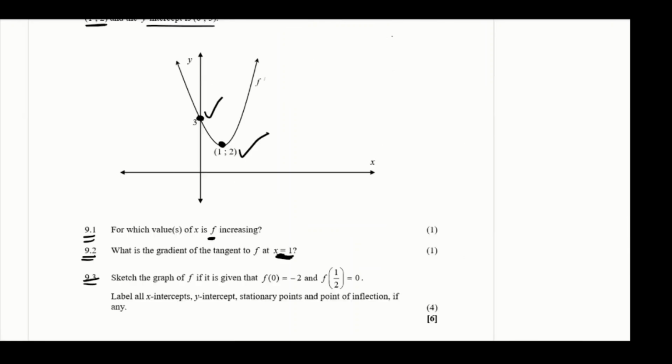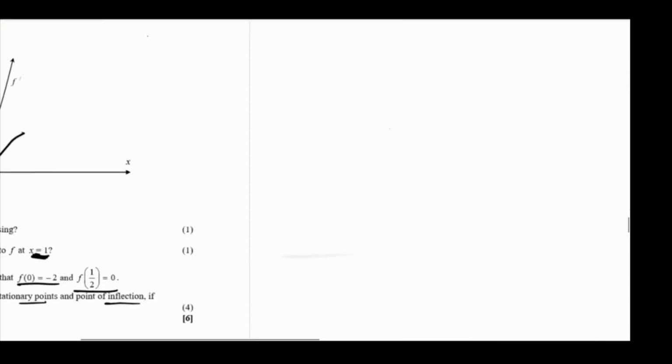9.3. Sketch the graph of f if it is given that f of 0 is equal to minus 2 and f of 1 over 2 is equal to 0. Label all the x and y intercepts, stationary points, and points of inflection, if any.